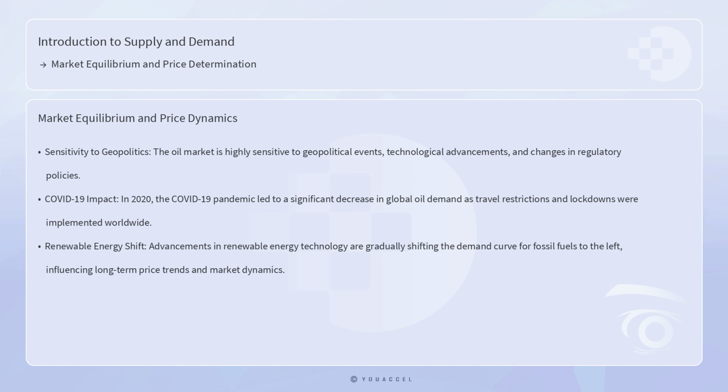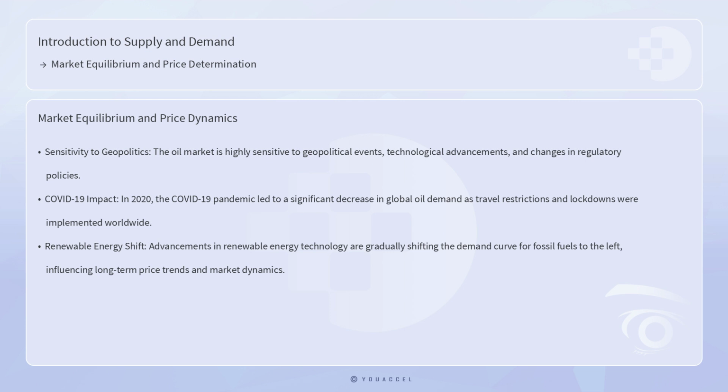Market equilibrium and price determination are dynamic processes that continuously adjust to changes in supply and demand conditions. For instance, the oil market is highly sensitive to geopolitical events, technological advancements, and changes in regulatory policies. In 2020, the COVID-19 pandemic led to a significant decrease in global oil demand as travel restrictions and lockdowns were implemented worldwide.